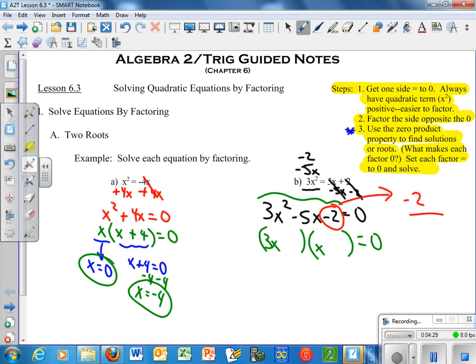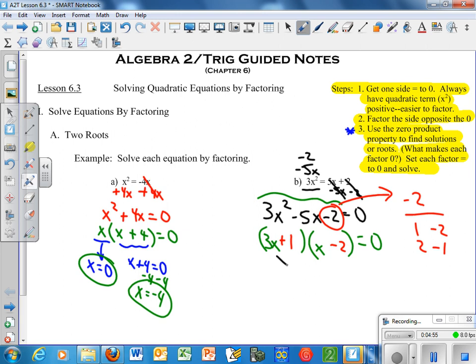And I want to list pairs of factors of negative 2. Well, to get a negative, I got to have one be a positive, one be a negative. So one possibility is 1 and negative 2. The other is 2 and negative 1. Okay, this is trial and error. You got to try something and see if it works. So let's try our plus 1 and our minus 2. Now here's your test.